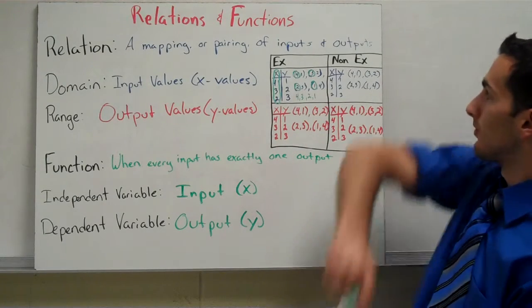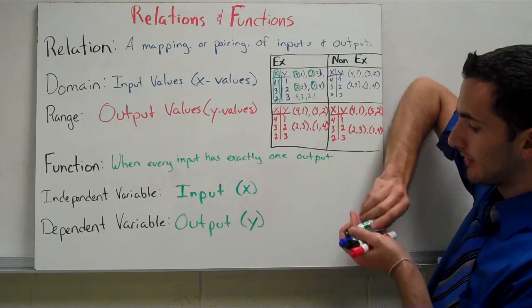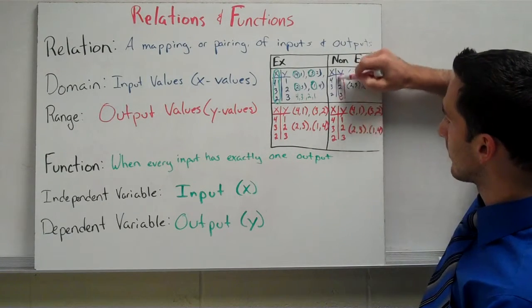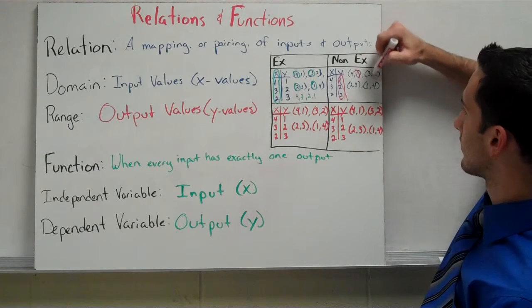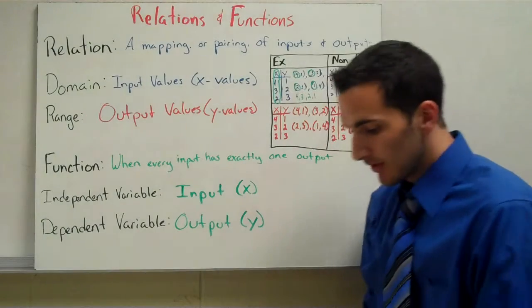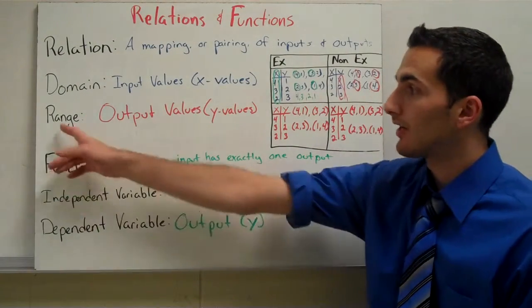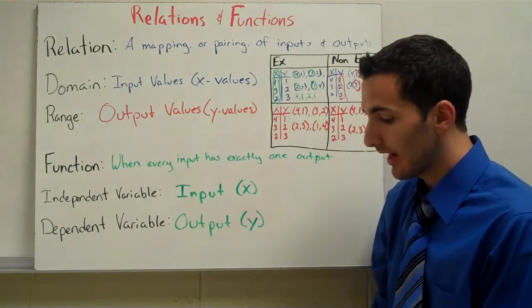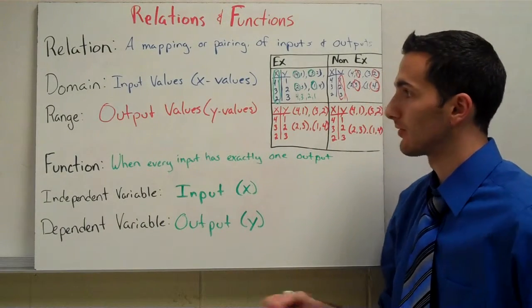A non-example over here: our domain is not our y values. So if I circle these, that's not going to be right. These are our y values, not our domain. Those are actually going to be our next one down. Those are our range, our output values, and our output is always our y values.